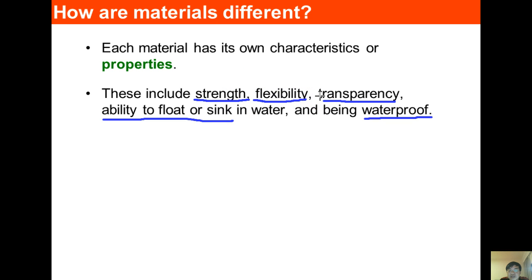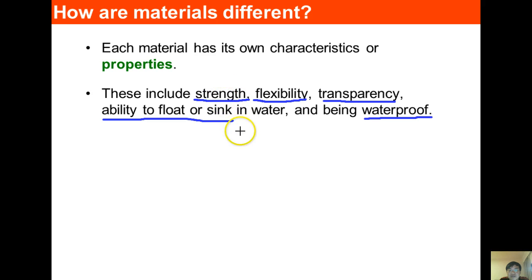So if I want to use a certain material, I have to check whether it has these properties. I have to check the suitability to use. For example, for your desk, we need to test the strength. We cannot have table legs made of some other light material, or maybe very soft plastic, which cannot withstand our books and ourselves resting on the table.